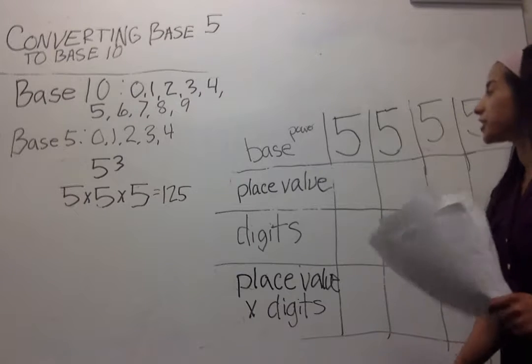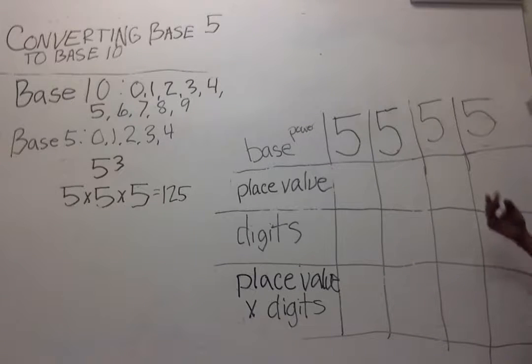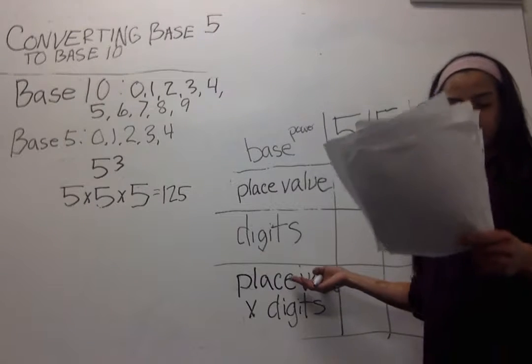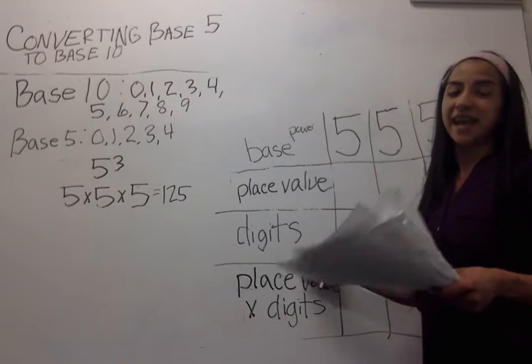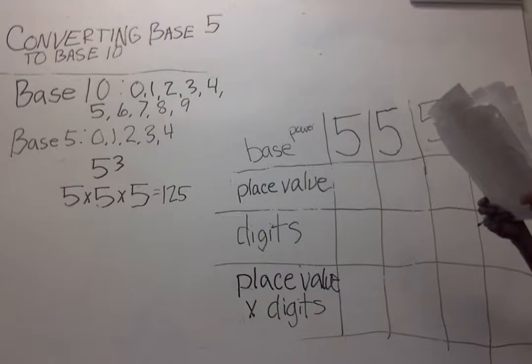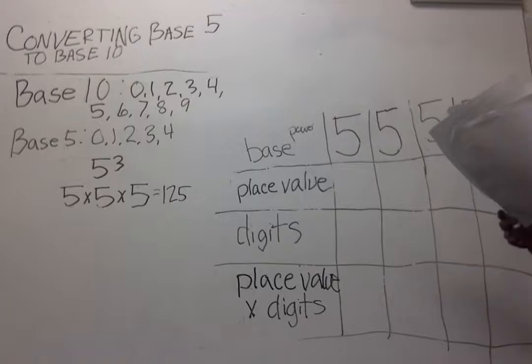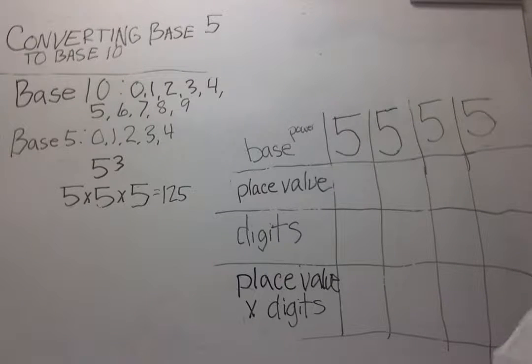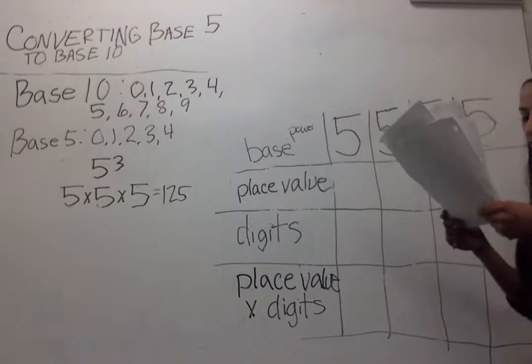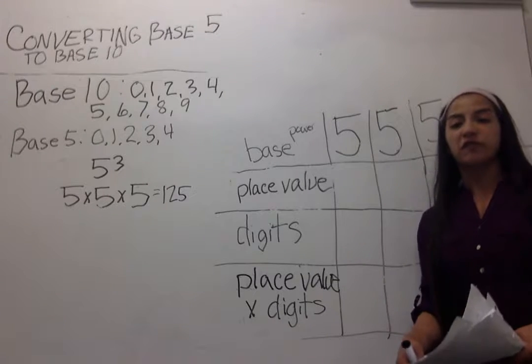So over here, this is called the conversion tables for the base 5 to base 10. So let's go ahead and go over it. The first row is the base raised to the power. In this case, it is base 5. The second row is the place value for each column.